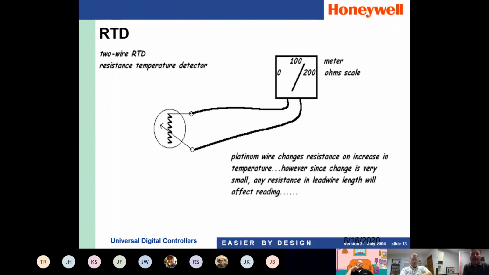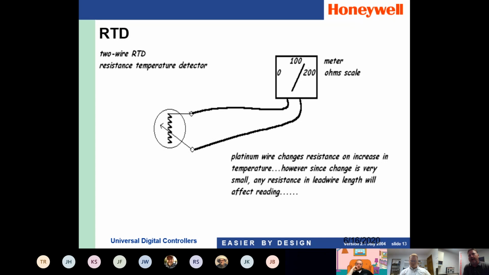So the RTD, again, basically is a resistance temperature detector. In some cases, it has 2 wires going out to the temperature detector, providing a resistance back to the controller. And then the controller will take that resistance and extract what that temperature is from that resistance that it's measuring. In some cases, they'll add in a 3rd wire.